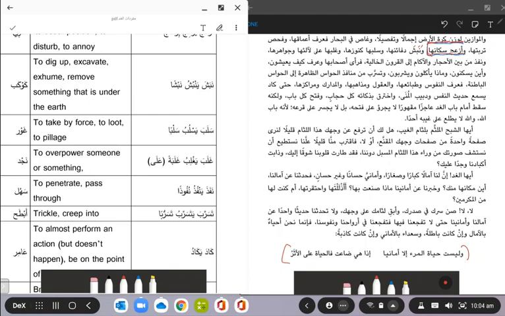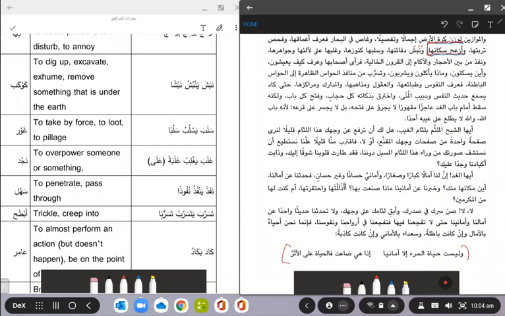They use this word nabasha to also mean exhume a body, but it also has the meaning of digging up or excavating something underneath the ground. Nabasha is the fi'il, and the mudari' is yanbushu, nabshan, so it belongs to nasara yansuru.